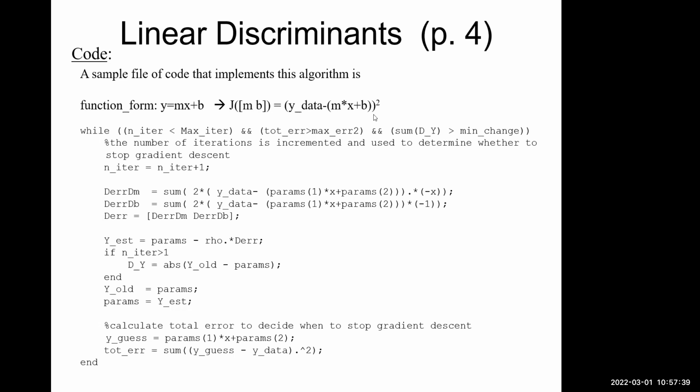We square it, so negatives turn positive, so it doesn't matter if it's too big or too small. And that's how much error we have, and we're going to have that for every point in our data.